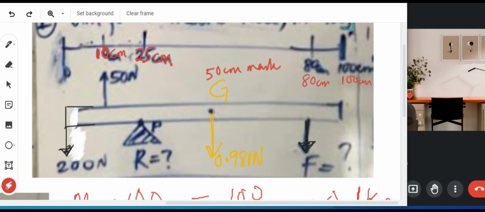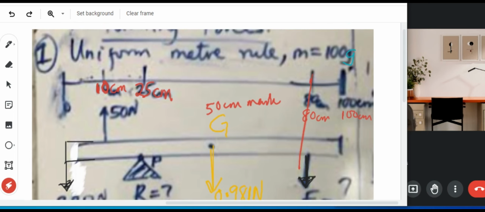Finally, the force that we're looking for, F. The moment is the force times the distance from the pivot. The force is at the 80 centimeter mark, and the pivot is at the 25 centimeter mark.